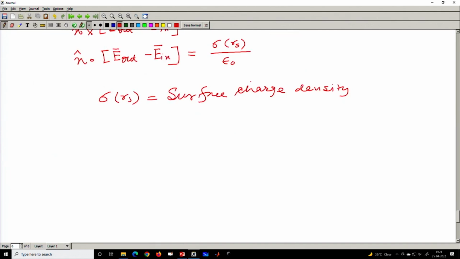Now for a conductor, what happened is that E in, inside the conductor, there should not be any field. So, E in should be 0, right.